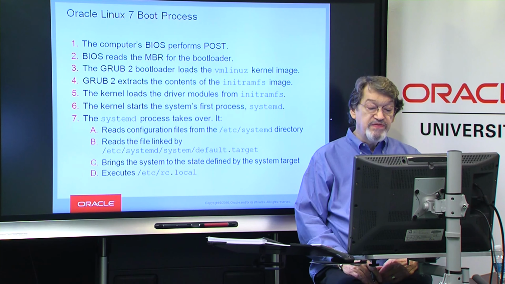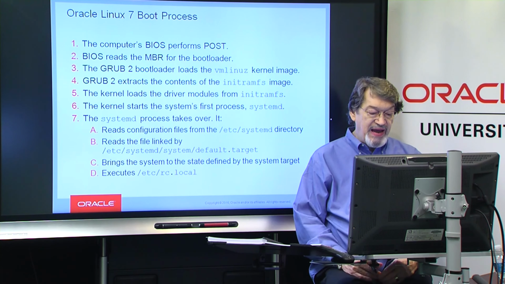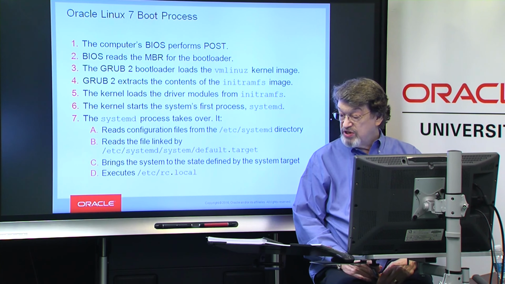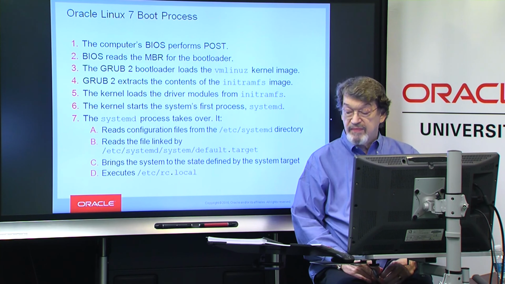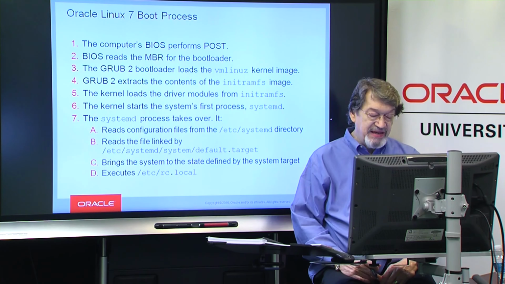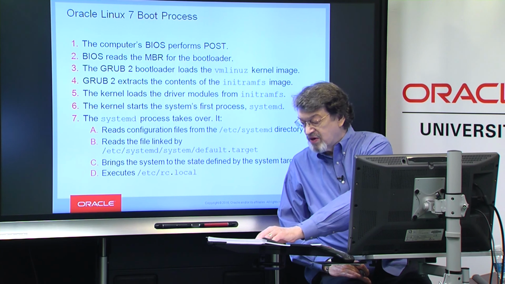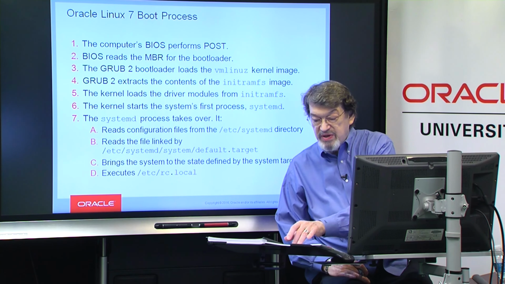It reads the configuration files from the /etc/systemd directory, and there is an /etc/systemd/system/default.target. It brings the system to a state defined by the system target, typically what you used to call run level 3 or run level 5, and then lastly, it executes the rc.local file, kind of like the Oracle Linux 6 boot used to do.